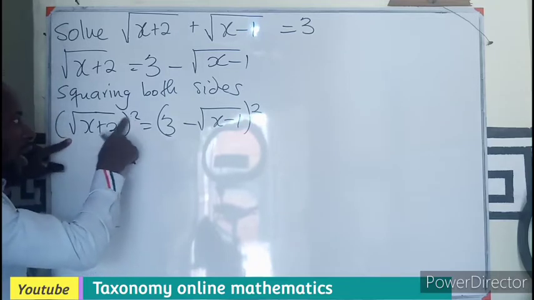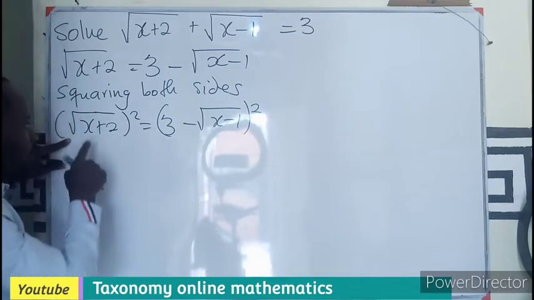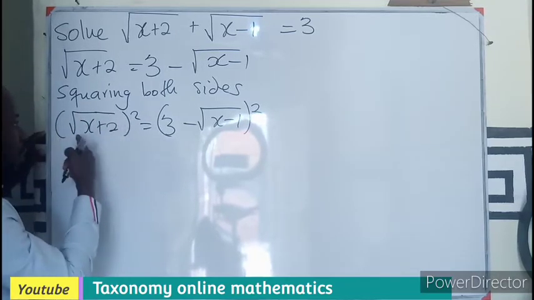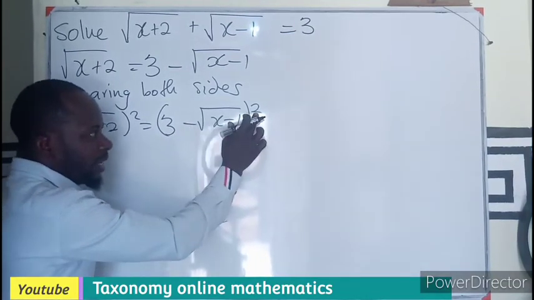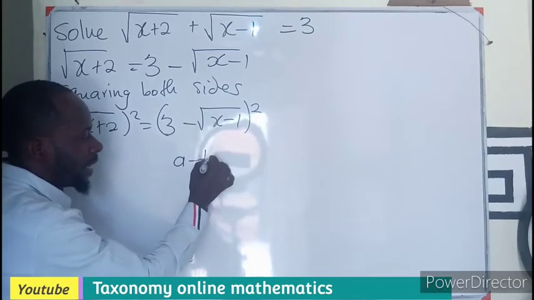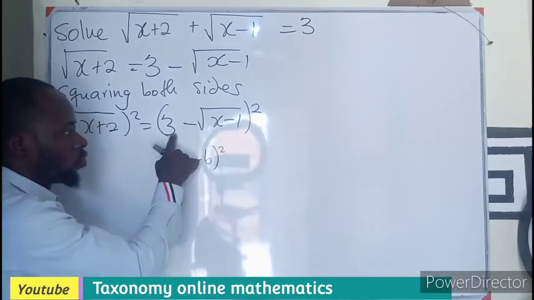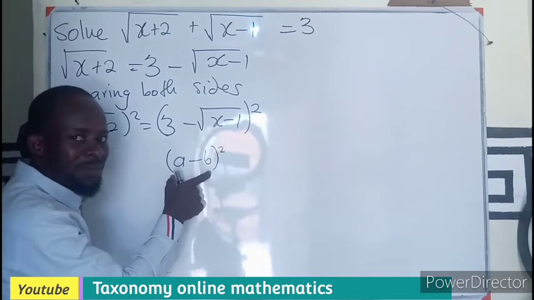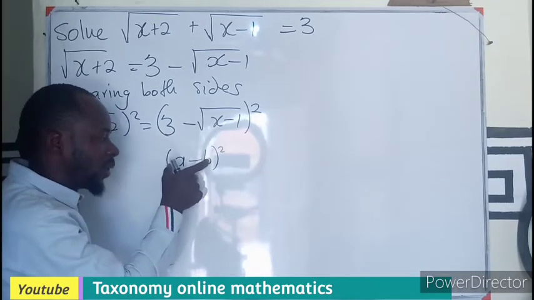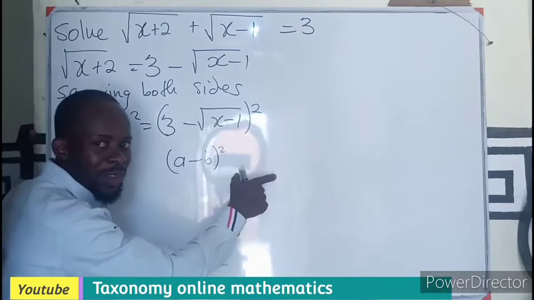So this square can easily cancel the square root, because the square root is just a power of half. Then the second side, since there are two terms separated by a minus, it means this is becoming a minus b all squared. Two different terms being squared. This means this bracket is being duplicated. This is going to be a minus b times a minus b.